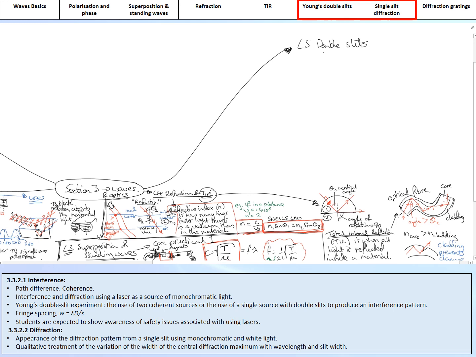So if you shine light through two slits, we know that the light spreads out. So here's incoming waves, and the light spreads out like so. And there are points when two peaks line up, like so.